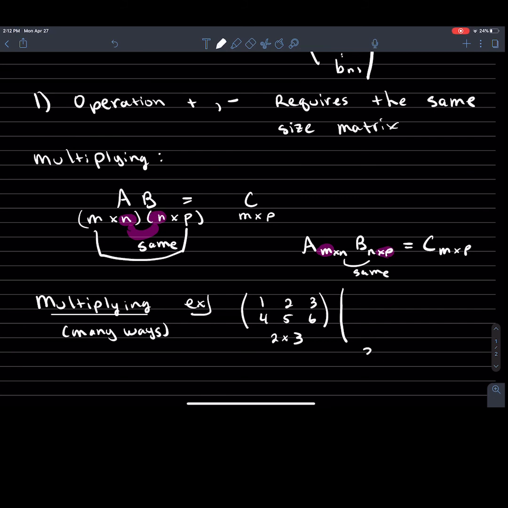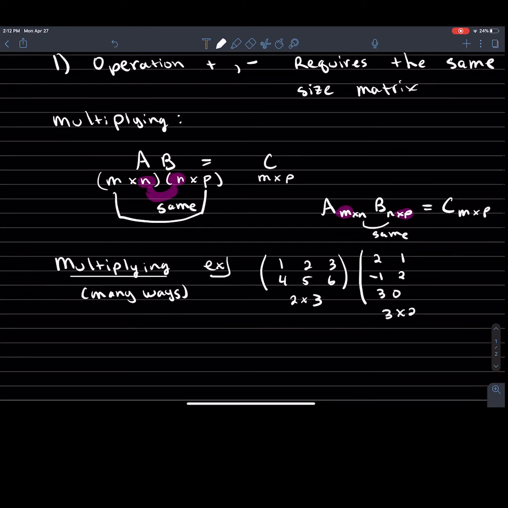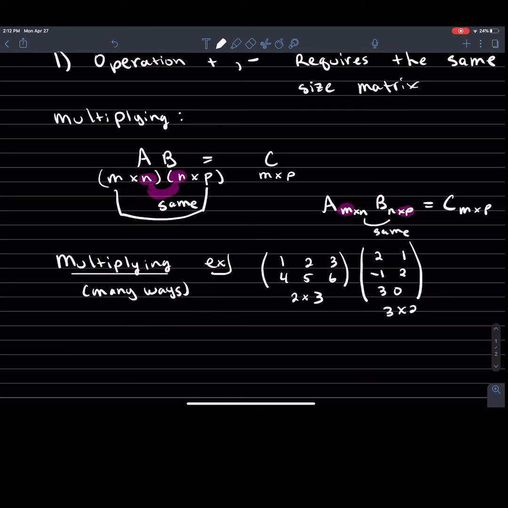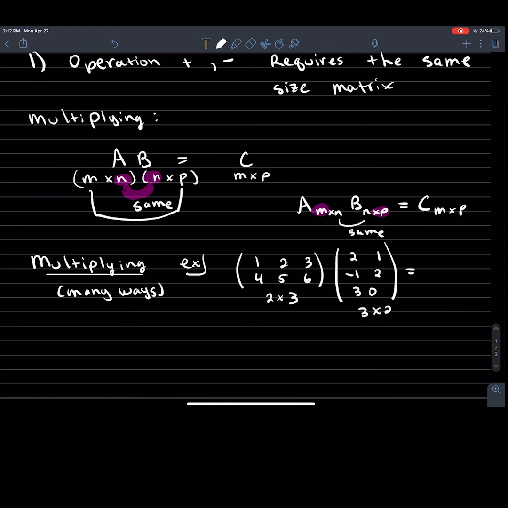So we need a 3, and we're going to do a 3 by 2. The second one could be any size, so we're going to do 2, 1, minus 1, 2, 3, 0. And so what size matrix are we going to get? So these are the same, these are the same. So we are going to get a 2 by 2.